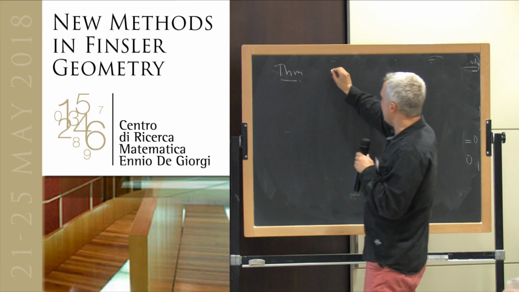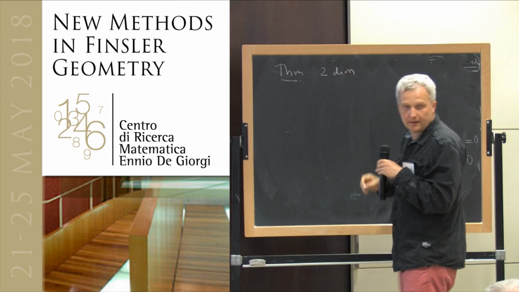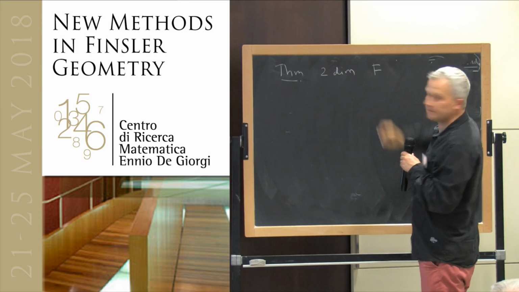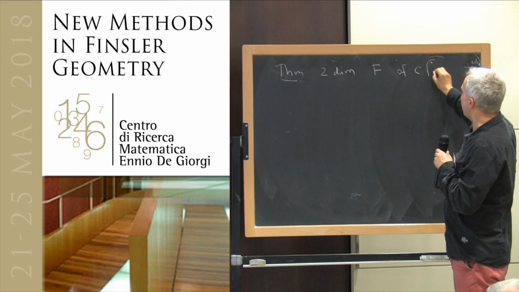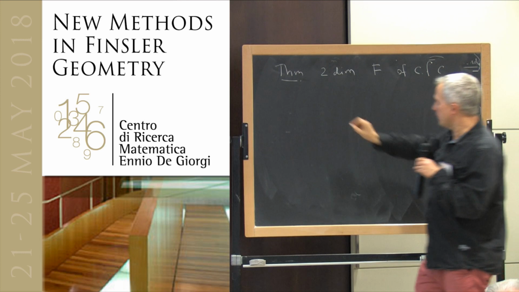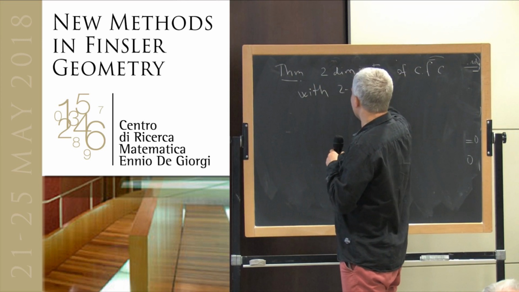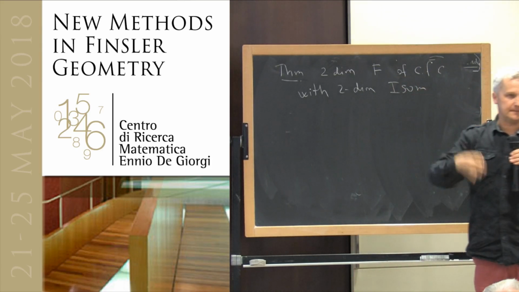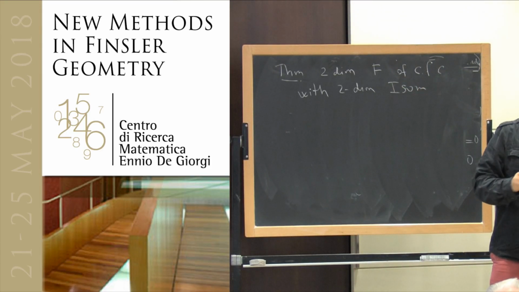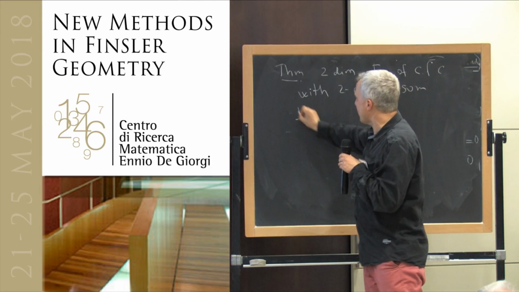If you have a two-dimensional surface, with a local Finsler metric of constant flag curvature with a two-dimensional isometry group, then there are different answers. Let me formulate it as follows: it is Minkowski.